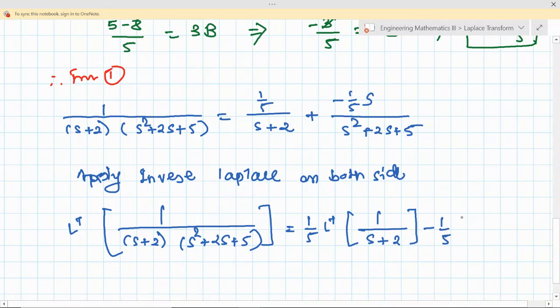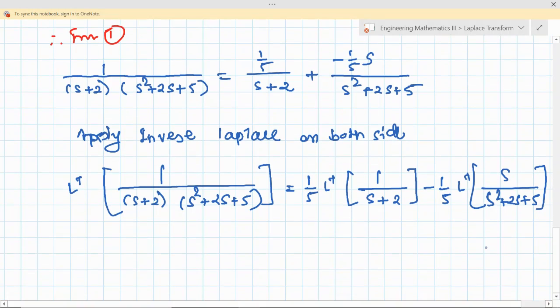Minus 1 by 5 take common, and inverse Laplace of s upon s square plus 2s plus 5. So there are some important things to find out the inverse Laplace of the second term. We need to adjust something here, because the first is very easy. So what is the inverse Laplace of the first? 1 by 5 as it is. This is e raised to minus 2t. This is very simple.